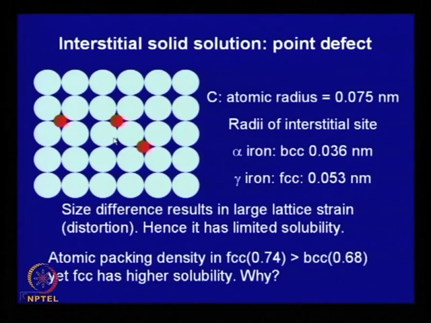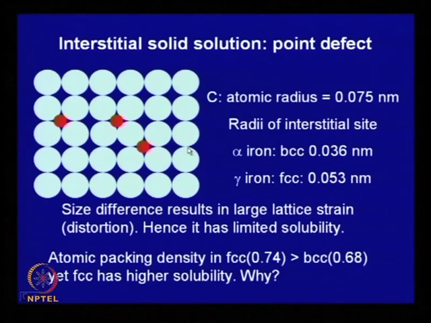Iron exists in two different crystalline forms. At low or room temperature, iron is body centered cubic, and the body centered cubic structure has certain types of interstitial sites, and the face centered cubic structure has similar interstitial sites. We did some calculations on the dimensions of these.